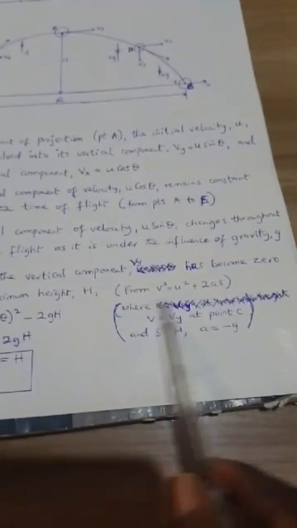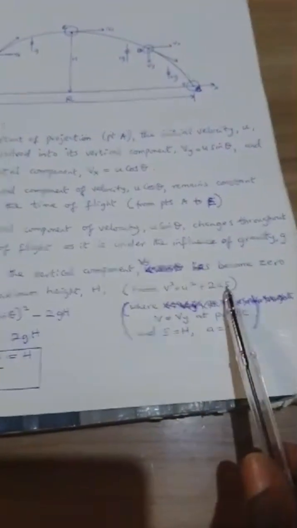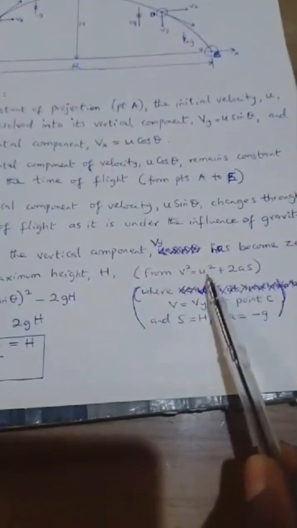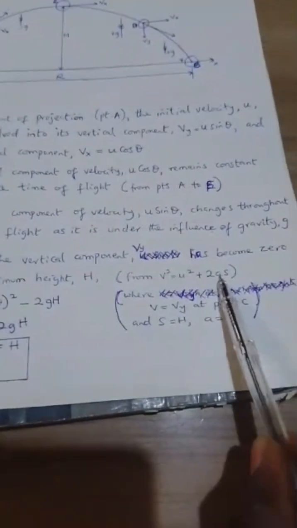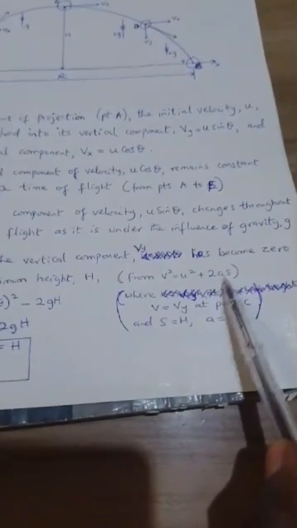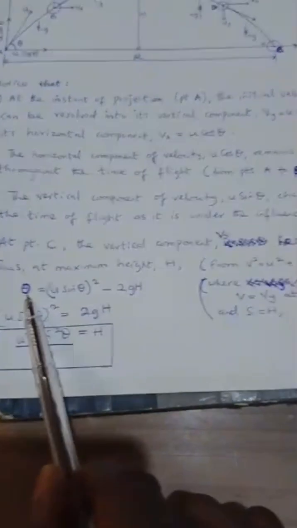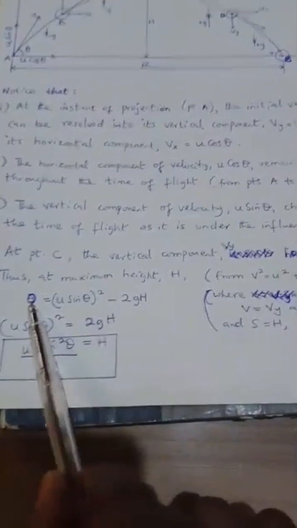We can use the third equation for uniformly accelerated motion, v squared equals u squared plus 2as, remember that? This is our final velocity v, initial velocity u, and acceleration, where we'll use acceleration due to gravity for a, and s is going to be our vertical height or maximum height. So remember, at maximum height, point C, final velocity is 0.